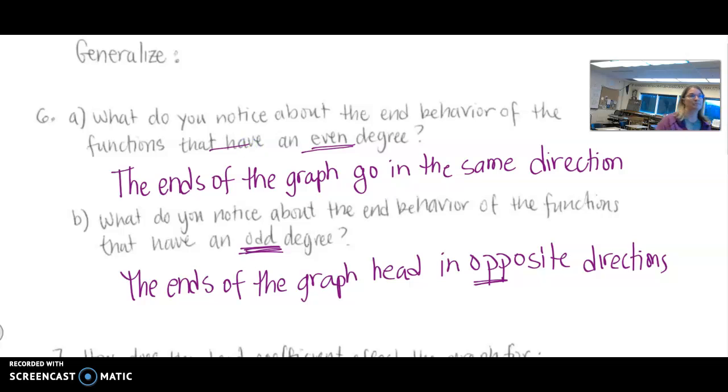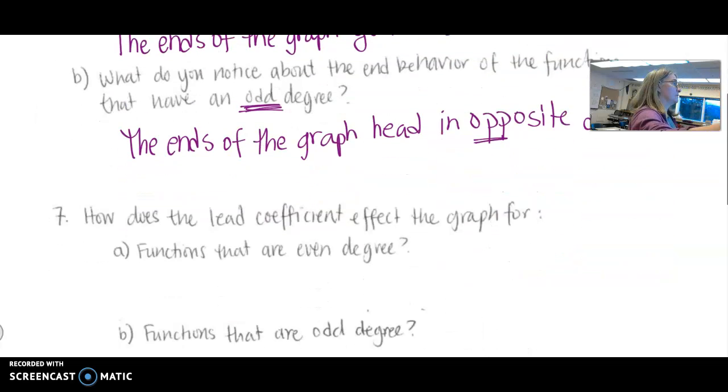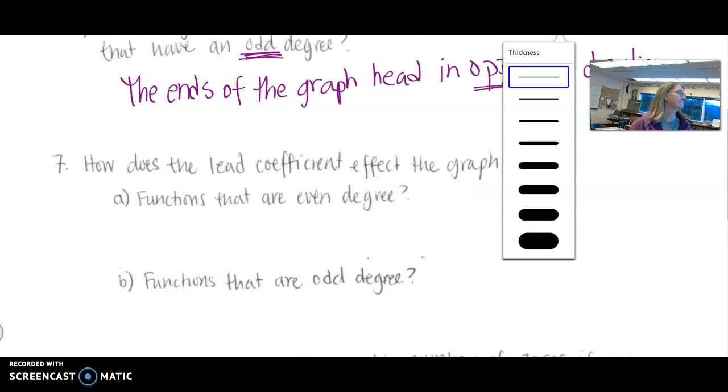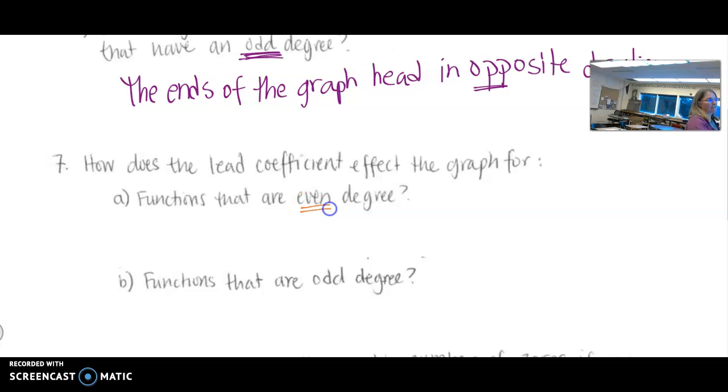It's going to tell you which way those ends are going to end, up or down, for the even degree. So look at your polynomial, look at the lead coefficient, and it has to do with whether it is positive or negative. I want you to analyze it and determine which way the ends go based on the sign of the lead coefficient.